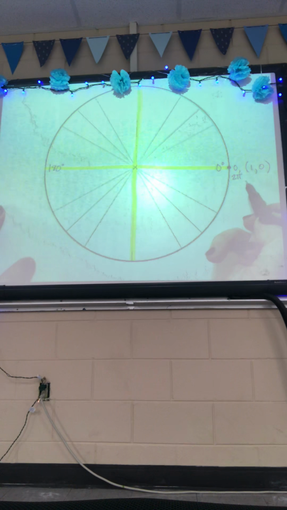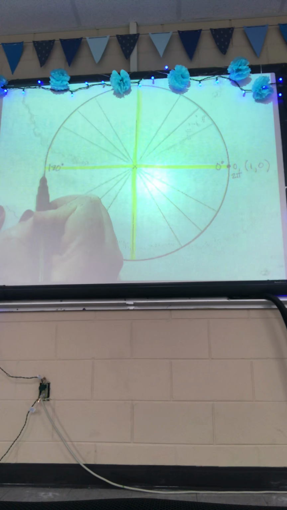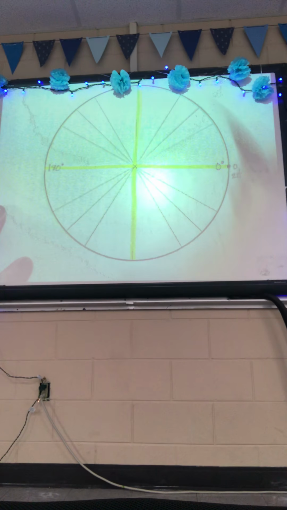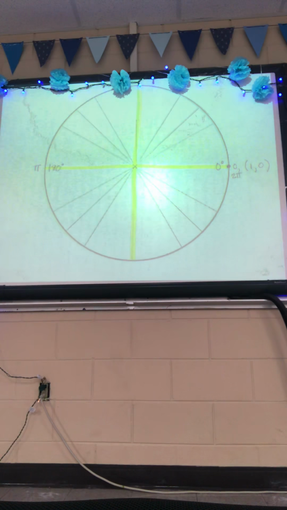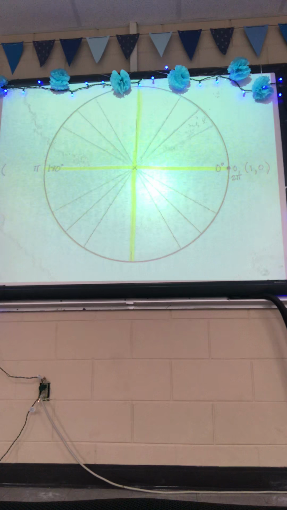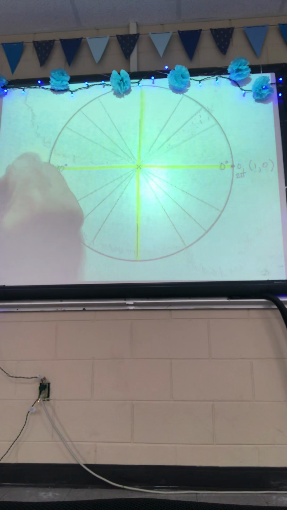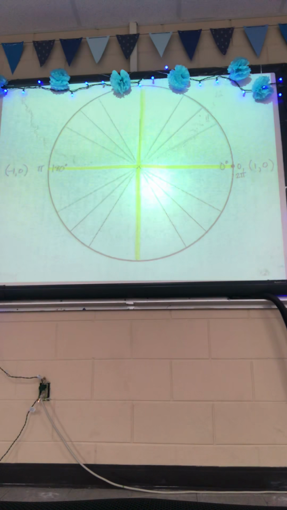In radians, this is half of 2 pi, so it's 1 pi, which is pi. What are the coordinates of that point? -1, 0. So did you know you could tell me what the cosine of pi was? Now you can. The cosine of pi is -1. The sine of pi is 0.